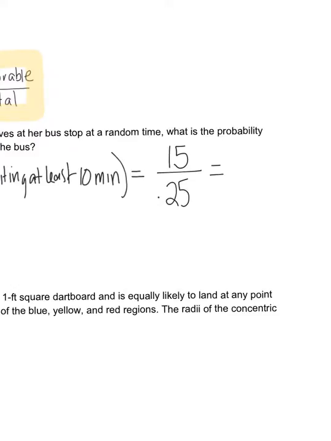I can reduce that if I divide both the numerator and the denominator by 5. I get 3 over 5, and that's the answer.